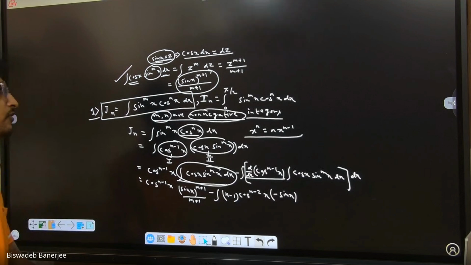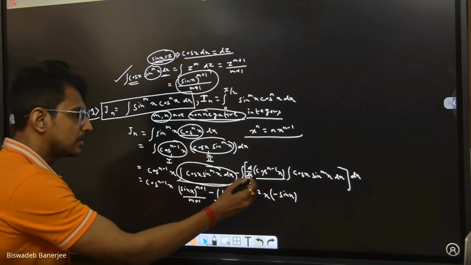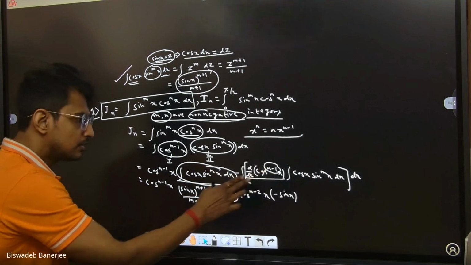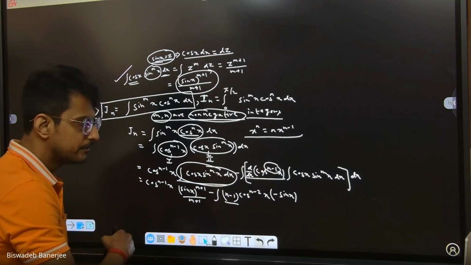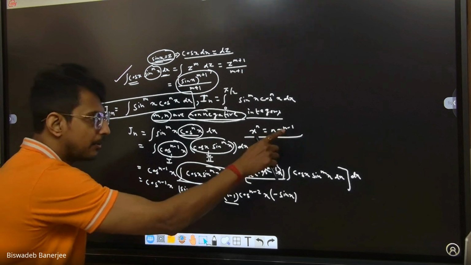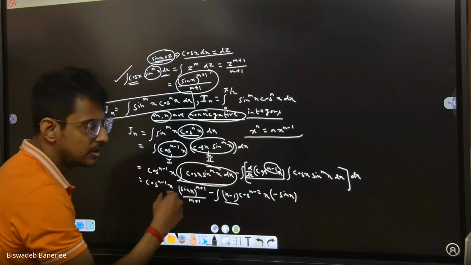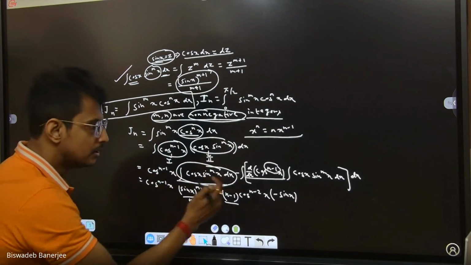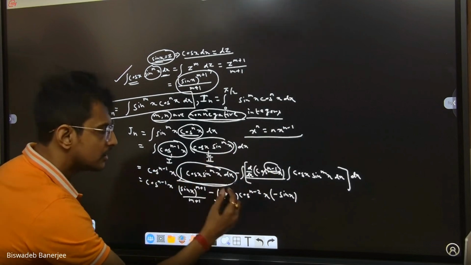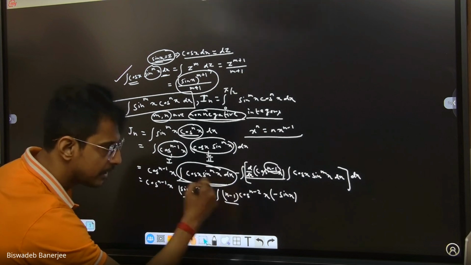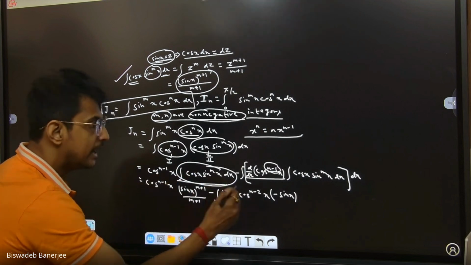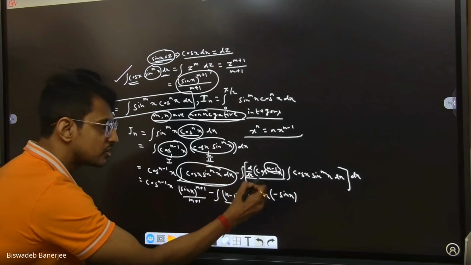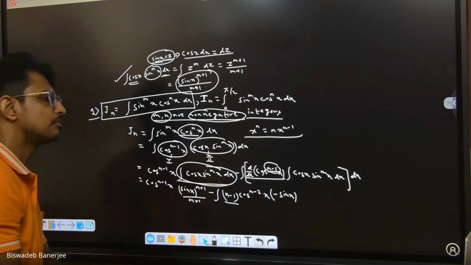Here my power is n minus 1, so it comes in front, and the power is reduced by 1. It becomes n minus 2 in the power. And by chain rule, we have to differentiate cos x. The derivative of cos x is minus sin x, right?